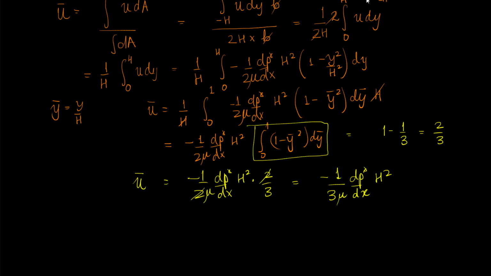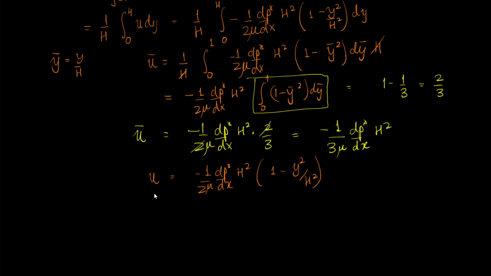Let me just quickly write down the velocity profile over here. So u is minus 1 upon 2 mu dp star upon dx h square times 1 minus y square upon h square. Now we can write down the velocity in terms of the average velocity. So u upon u bar from this expression comes out to be minus 1 upon 2.